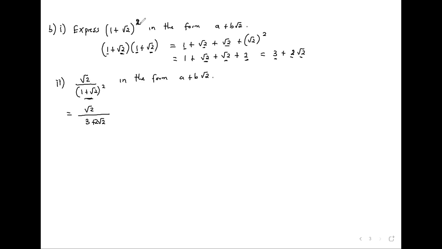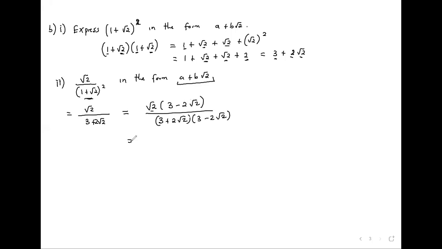So if you want to now express it in this form, you have this situation here, you rationalize. So you have root 2 over 3 plus 2 root 2, multiplied by 3 minus 2 root 2 over 3 minus 2 root 2.